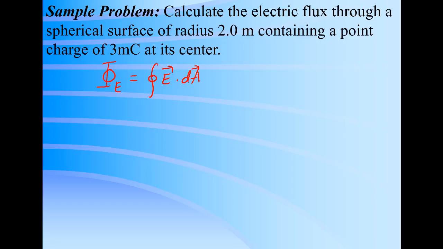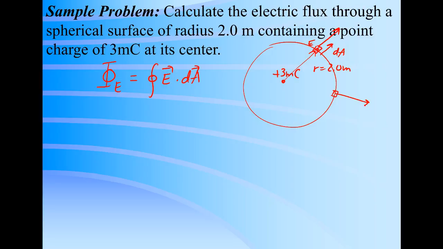And that looks imposing to do a surface integral, but what we can realize is that if this is a charge of plus 3 millicoulombs and we have a surface with a radius of 2 meters, well, everywhere on the surface, E is going to be pointing out, and so is dA.